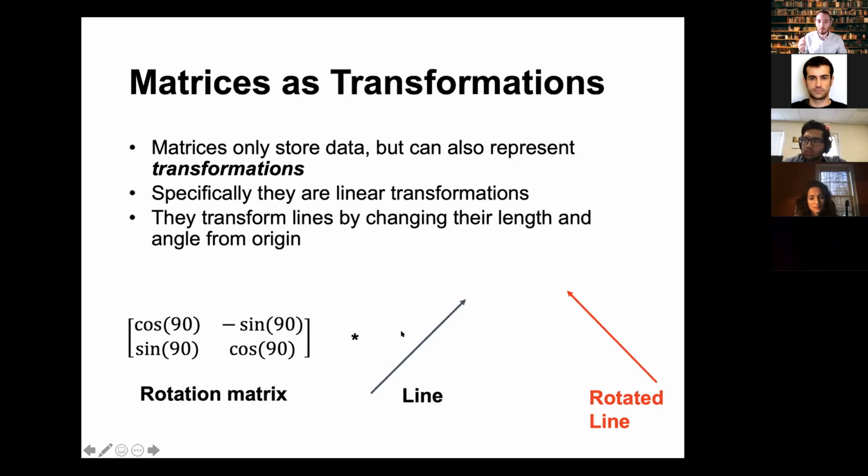You multiply a point by the rotation matrix, it rotates your point. This is exactly how, if you ever use something like Photoshop or Illustrator and you apply a transformation to rotate or scale a point, or make it wider or taller, these are all transformations. Those are applied using matrices that look just like this.